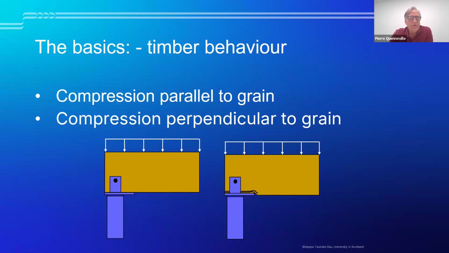The next one would be compression perpendicular to grain, where knowledge of the resistance is primordial, very important, because it will govern the design aspect of that type of connections.